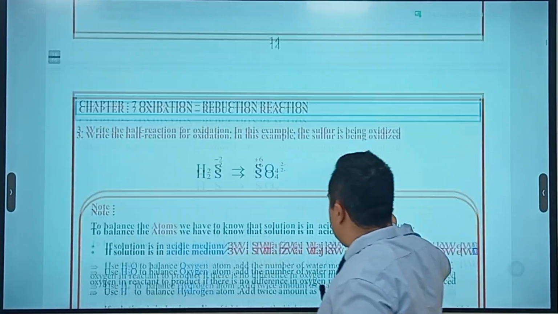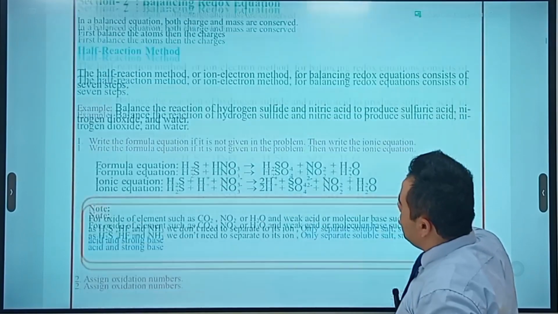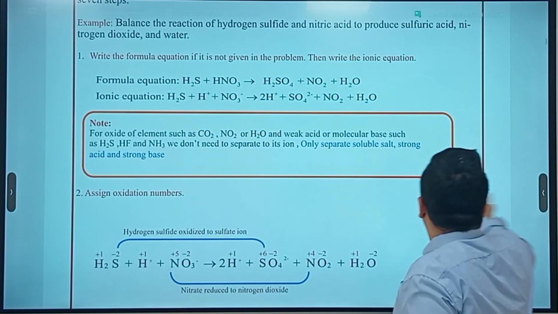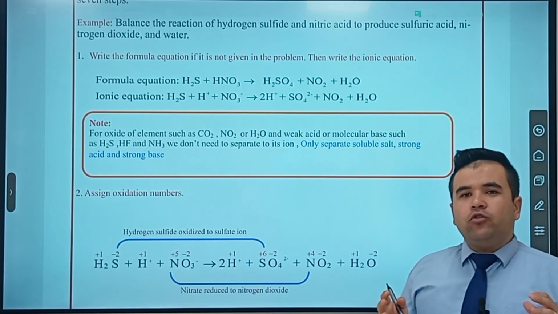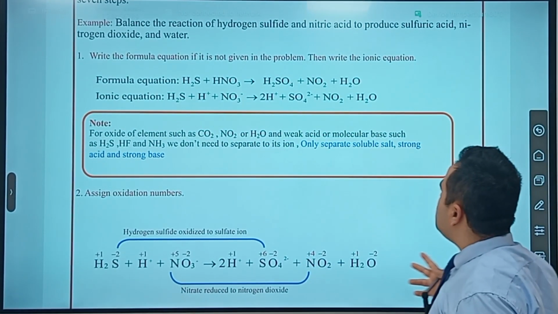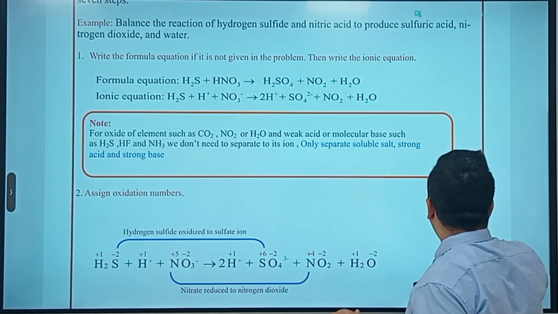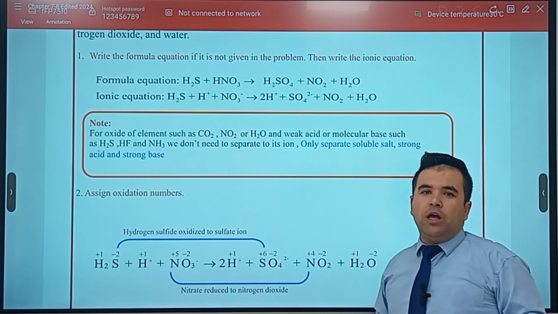Let us balance this reaction, back to balancing the reaction, guys. The 7 steps which we follow: first of all, we have to write down the formula equation. The formula equation must be given. If it's not given, there will be a word equation to be transferred to the formula equation.